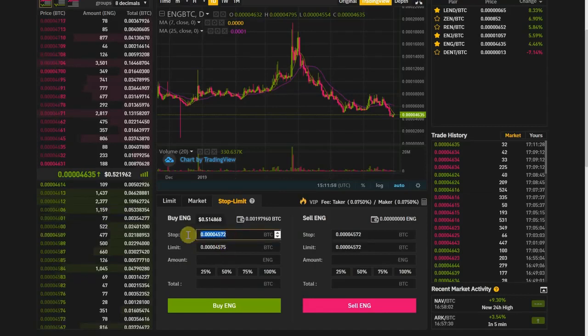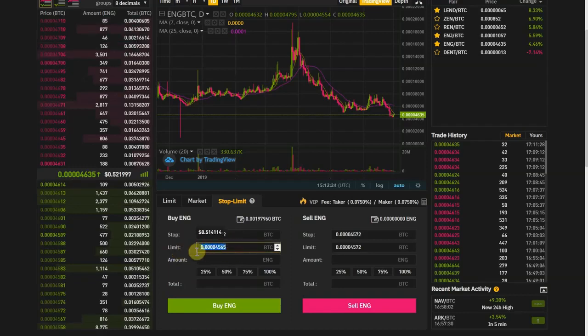So if there's any market order, any order at this price 4572, a limit order would be placed in the market for this price. Or you can just go down and say, okay, if it gets to this level, add one limit order a little bit below so I can get an even lower price.